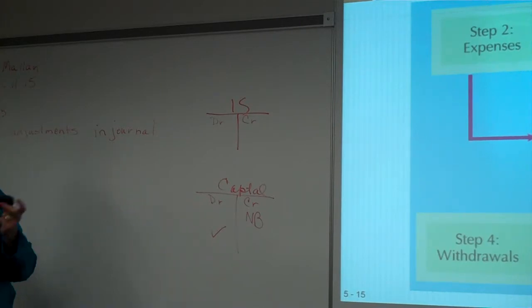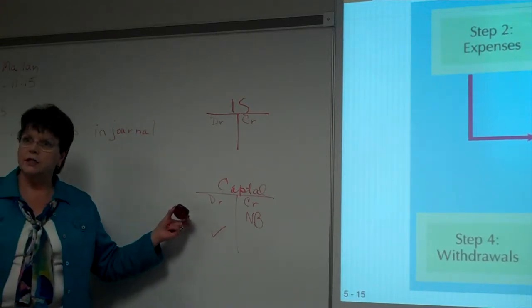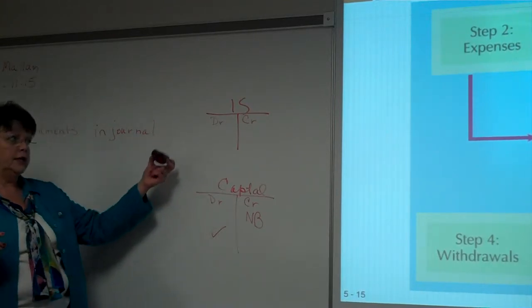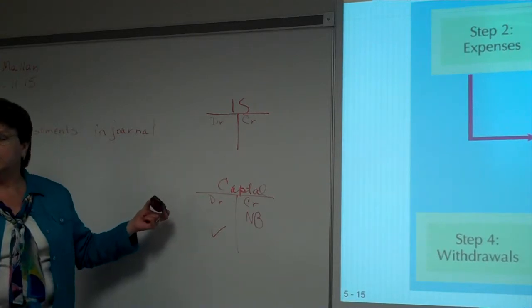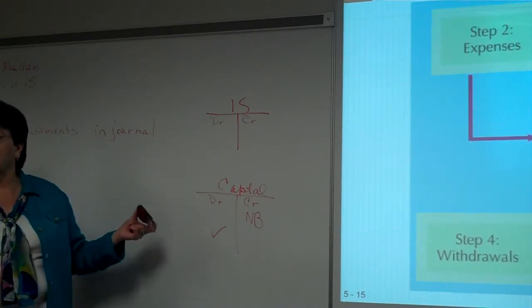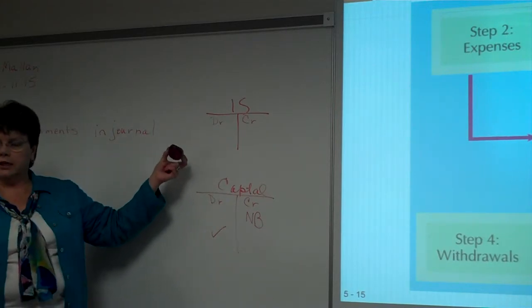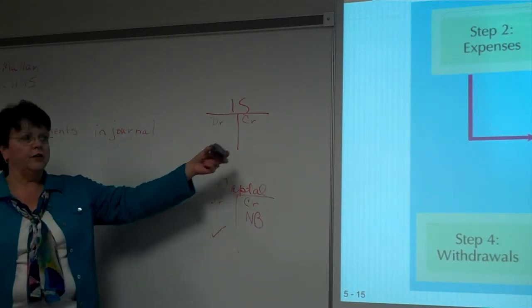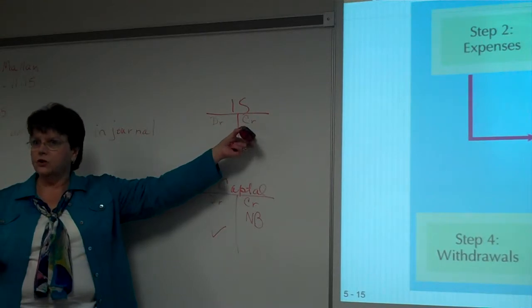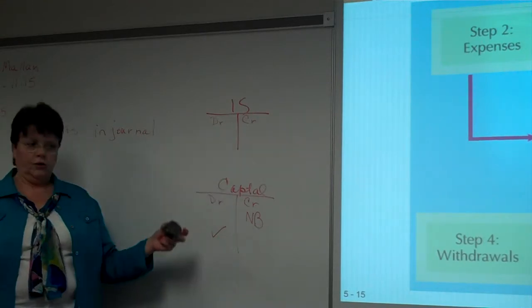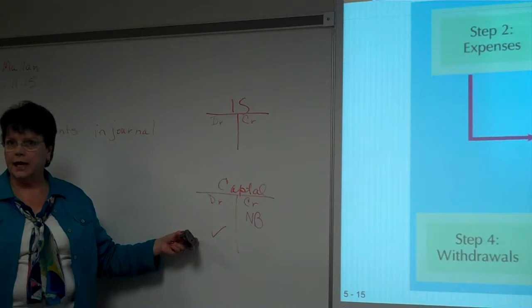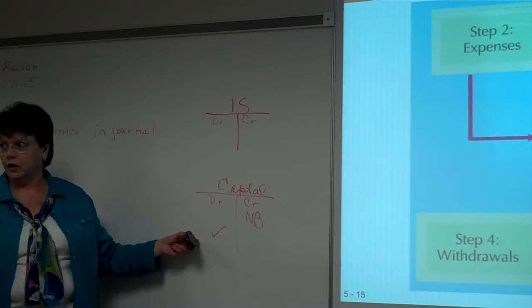Now on the test, you might have to draw out that T account so you know what you did to capital. I'm not going to give you the T account and say, was that a net income or a net loss? I'm going to say, if you had to close income summary with a credit to income summary, you'll have to know that it was the debit to capital, and that would be a net loss.